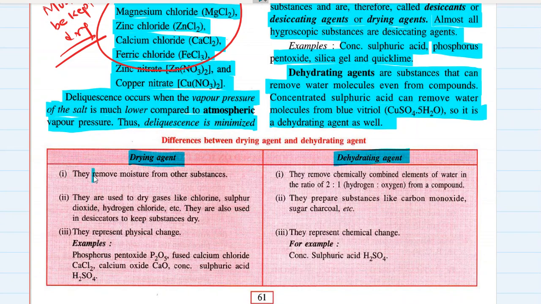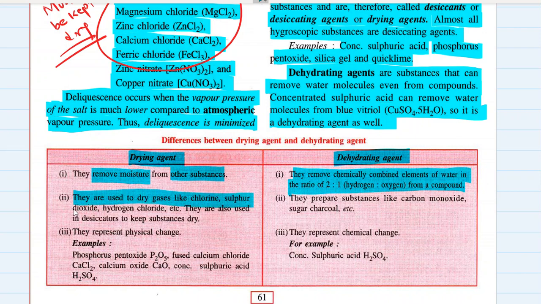Here there is one difference given between drying and dehydrating agents. Drying agents remove moisture from other substances, but dehydrating agents remove chemically combined elements of water in the ratio of 2 to 1 from a compound. Drying agents are used to dry gases like chlorine, sulfur dioxide, hydrogen chloride, etc. They are also used in desiccators to keep substances dry.